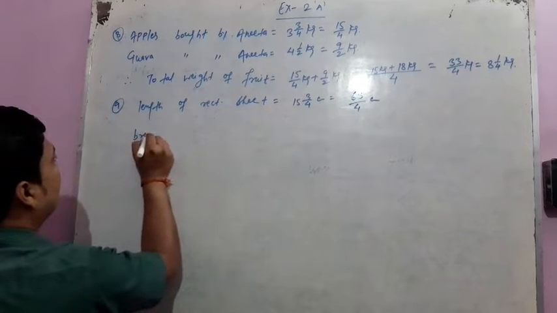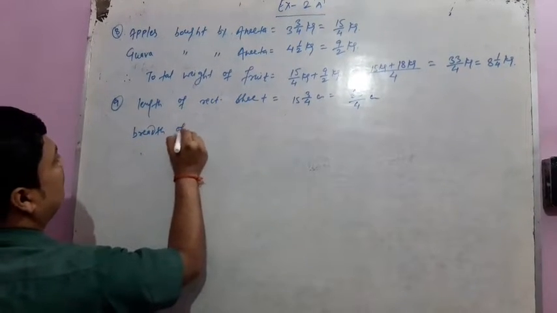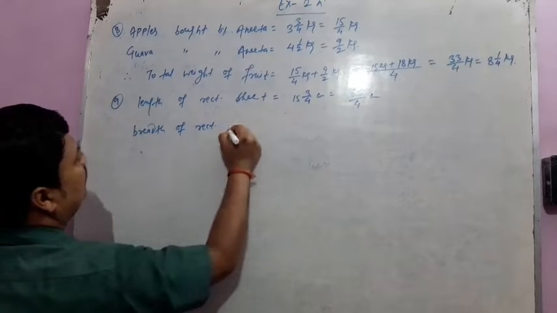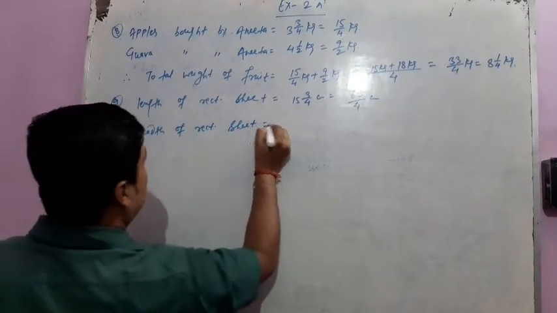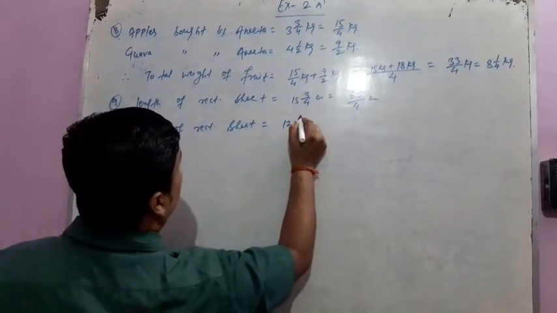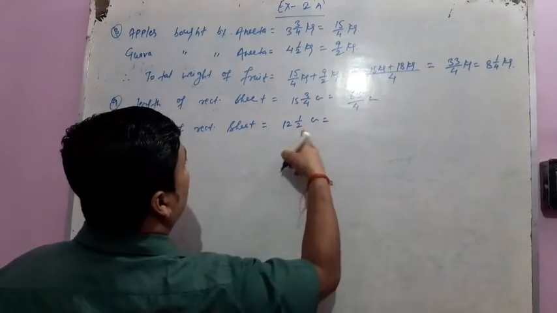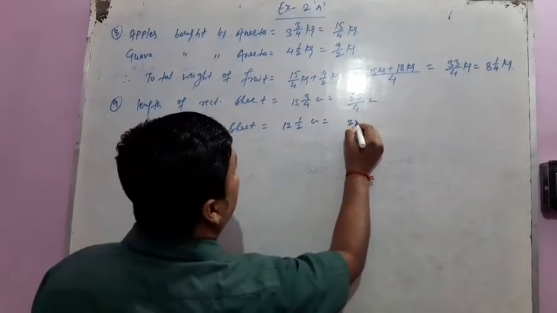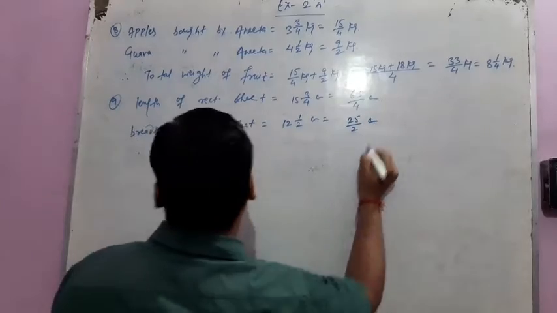And breadth of a rectangular sheet, that is 12 whole 1 by 2 centimeter. 12 times 2 is 24 and 1, 25 by 2 centimeter.